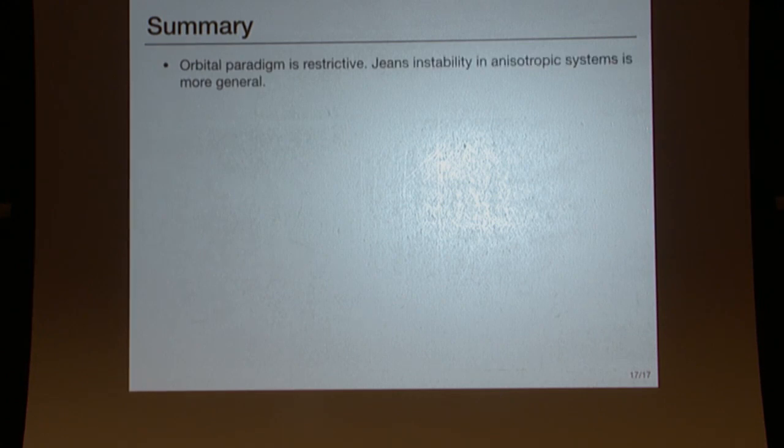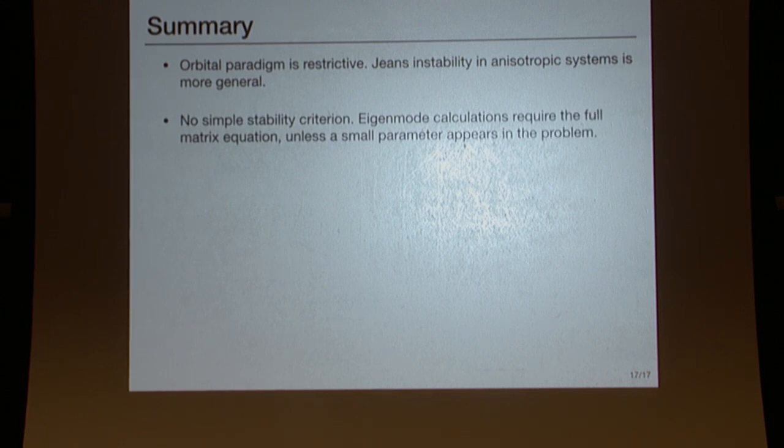So my summary: the orbital paradigm is restrictive. We prefer Jeans instability in isotropic systems, as it is more general. There's no simple stability criterion, and eigenmode calculations require the full matrix equation unless there is a dominating potential.